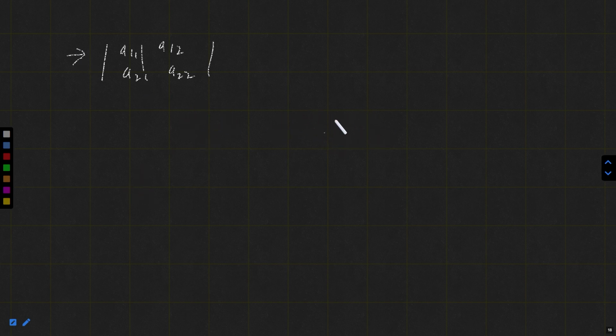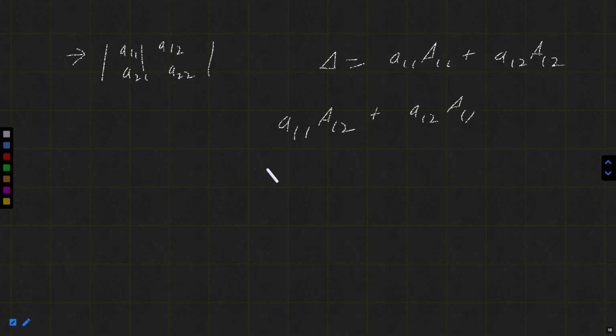But what will happen if you see that along with this row 1, you know the determinant is what? The determinant will be a11 a12, a12. This will be your determinant, as far as we know. What if I wrote it like this, a12 a11? Then what will happen?